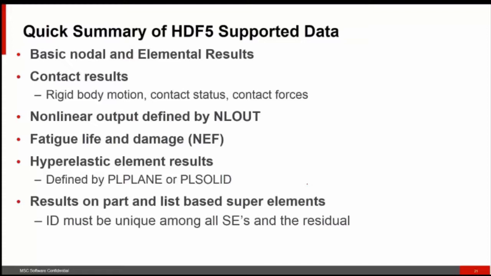Also nonlinear output through the NLOut command, or fatigue results, as we discussed, can also be accessed from the HDF5 result file, or hyperelastic element results, elements that are used from PL plane or PL solid. Also, HDF5 supports results for part and list-based super elements. So this is another option that is available to the users.